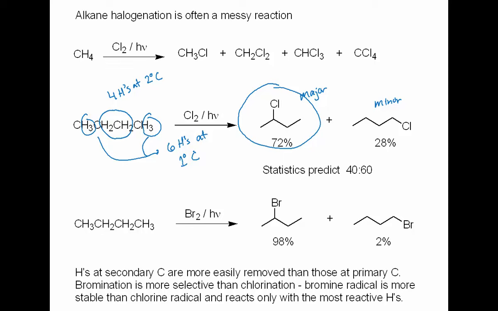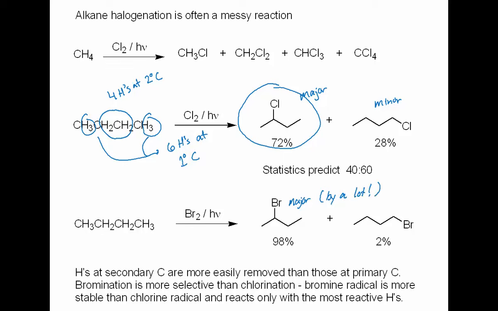The bromine radical tends to be lower energy or more stable, and it's much more selective. So if we take butane and now treat it with bromine in light and isolate only the monobrominated products, what we see is actually a far more selective reaction favoring 2-bromobutane, which is also the major product, by a lot.